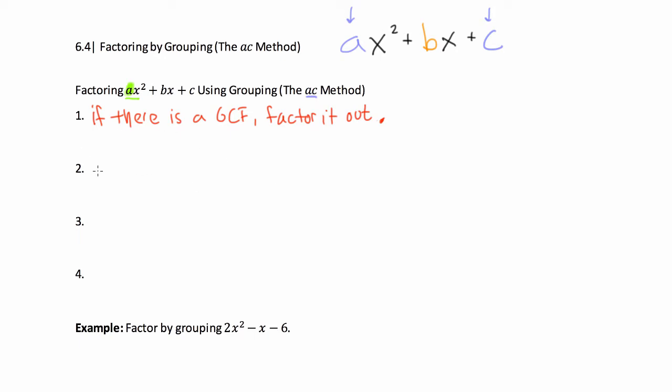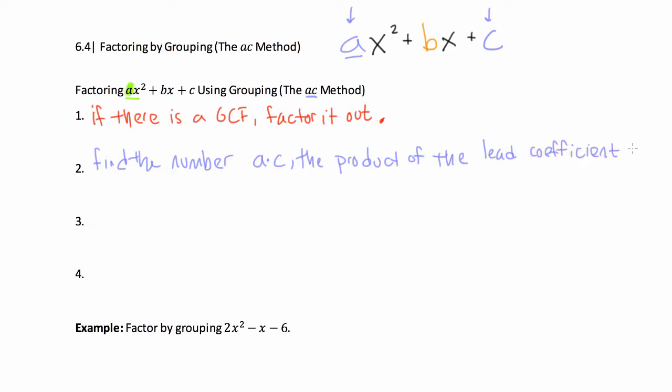So find the number AC, and that's going to be the product of the lead coefficient and the constant term.